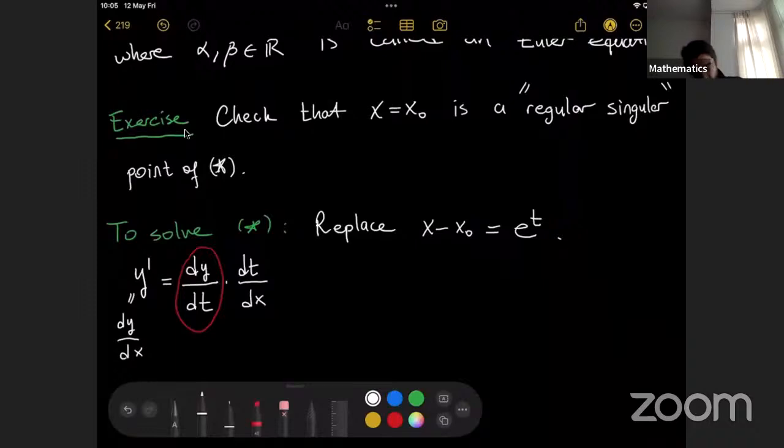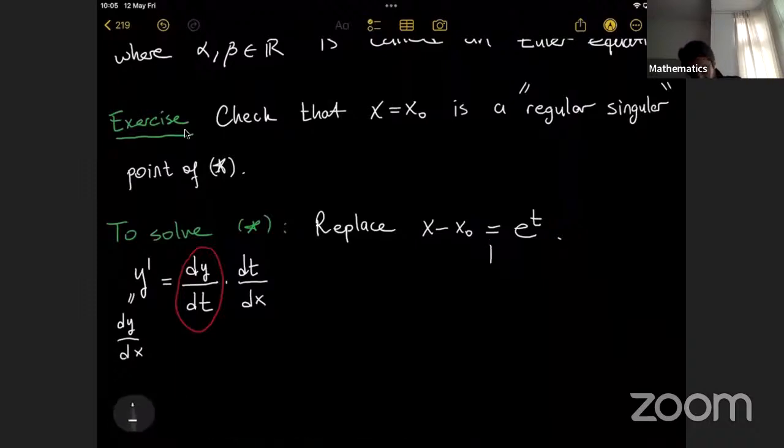You can find it here: dx dt, derivative of x with respect to t, is basically e to the t, which implies dt dx is 1 over that, right? 1 over e to the t, which is e to the minus t.